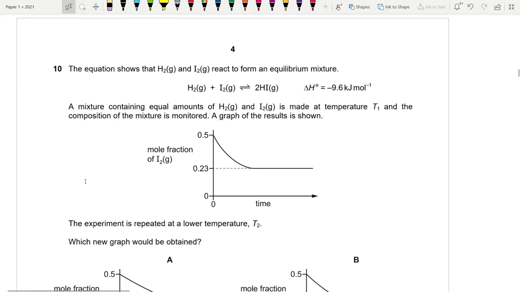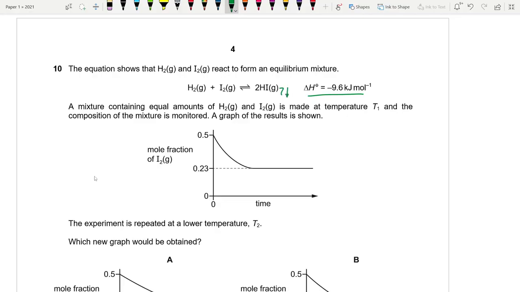Moving on to 10, the equation shows that hydrogen and iodine react to form an equilibrium mixture. A mixture containing equal amounts of hydrogen and iodine is made at temperature T1 and the composition is monitored. A graph of the results is shown. The experiment is repeated at a lower temperature. This is an exothermic reaction, guys. If you repeat it at a lower temperature, the rate will decrease, so it will take longer to establish equilibrium.